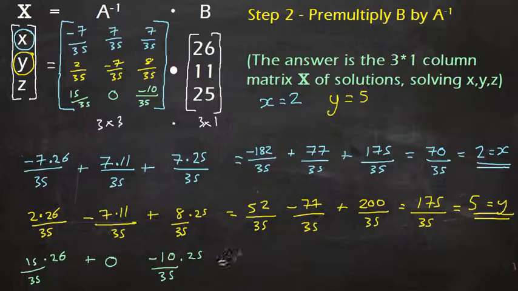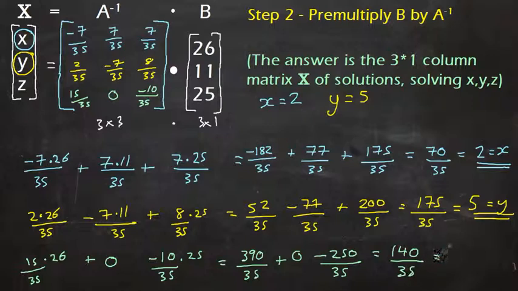Last but not least, 15 times 26, well that's 260 plus half again, 390 over 35 plus 0, minus 10 lots of 25, so minus 250 over 35. Well, 390 minus 250 is 140, and the denominator is 35.